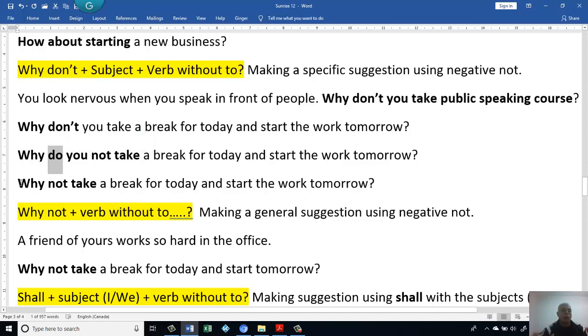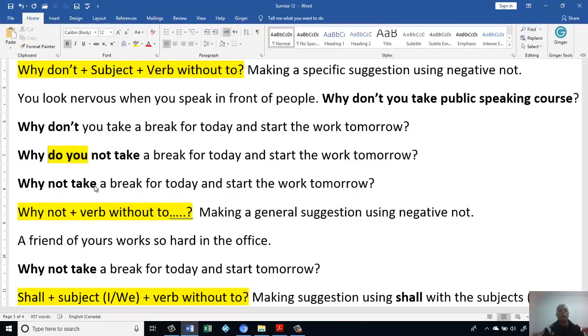Then we say, why not take a break for today and start the work tomorrow? As we did here, because we're gonna delete do, and then also we're gonna delete you. It means those two are going. Then here, those two are deleted, and then our sentence is gonna stand like this.